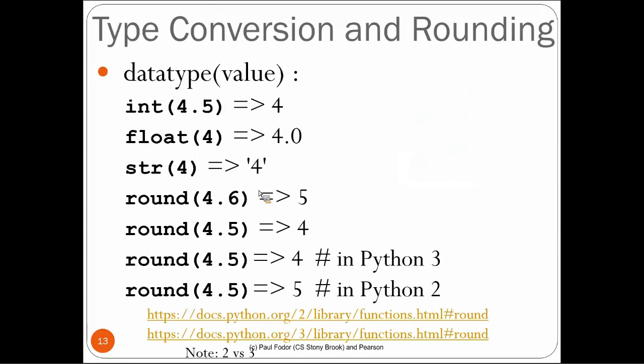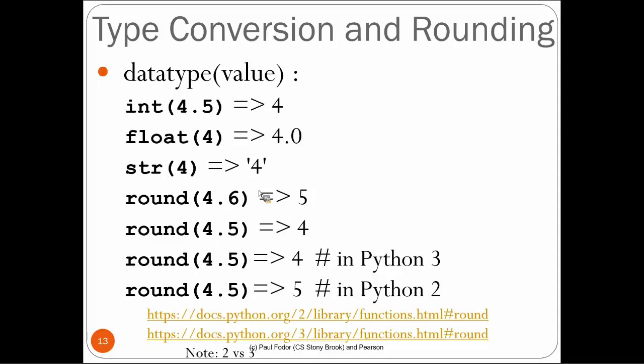Type conversion and rounding. There is a difference between Python 2 and Python 3 for type conversion and rounding. You will see it when we talk about rounding of 4.5. Python 3 rounds 4.5 into 4. If two integers are equally close to the number that we are trying to round, the even one is selected.